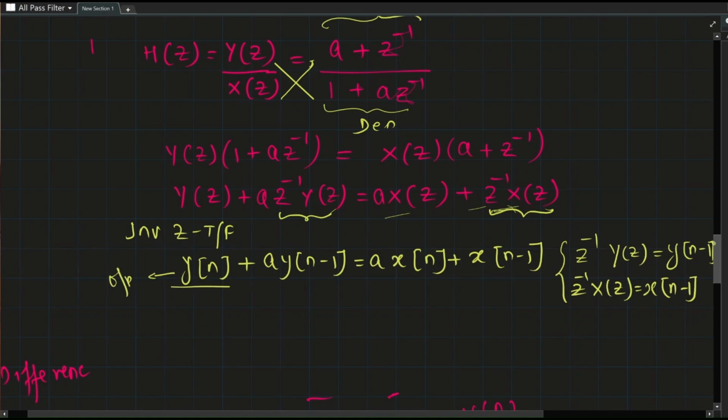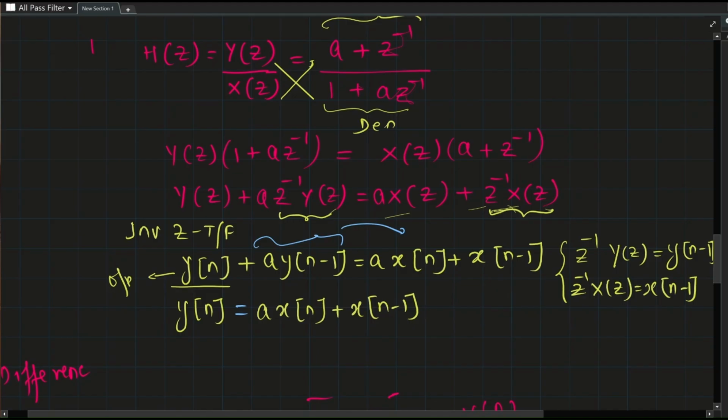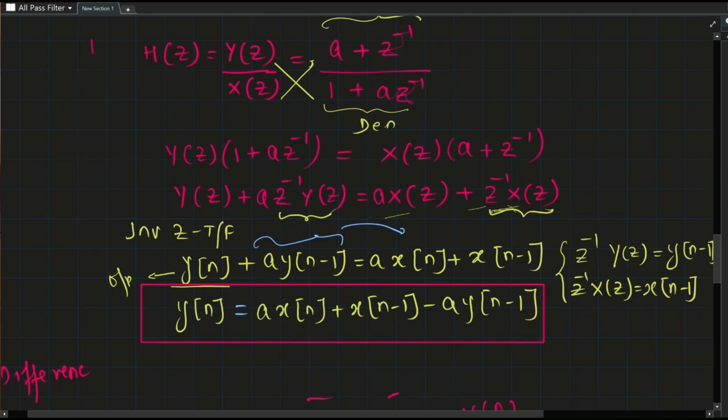Let's arrange this equation. Basically, I'm going to take this part on the other side. So this becomes y[n] equals a x[n] plus the delayed version x[n minus 1] minus a y[n minus 1]. So this is our final difference equation of the all pass filter in the digital domain.